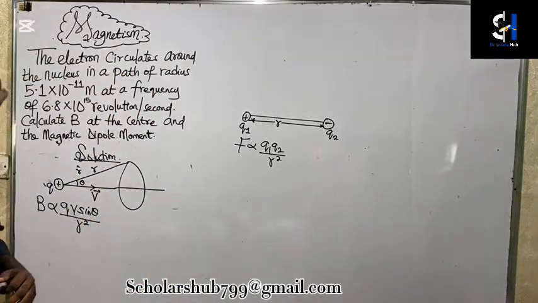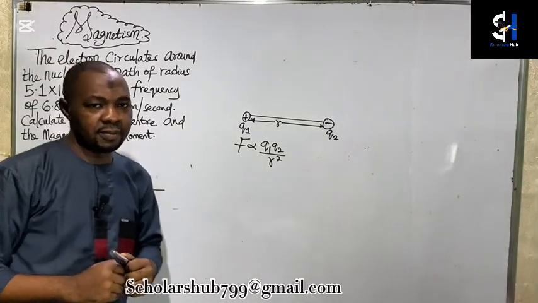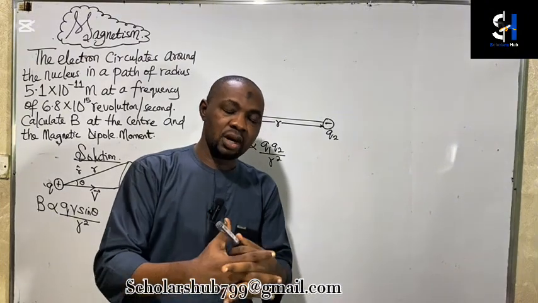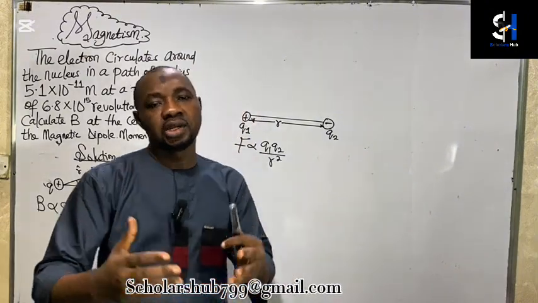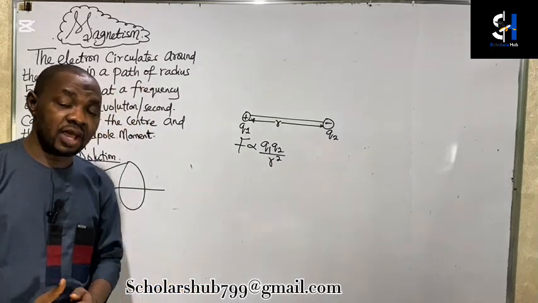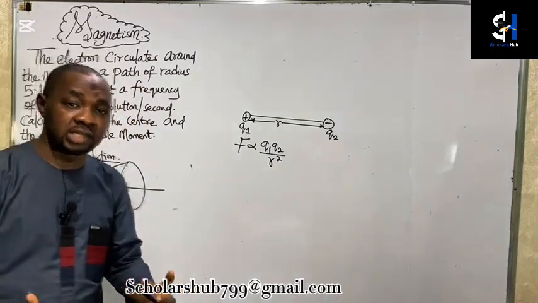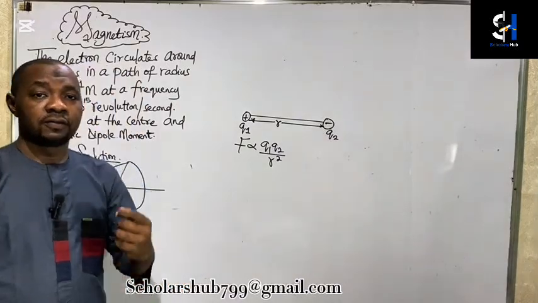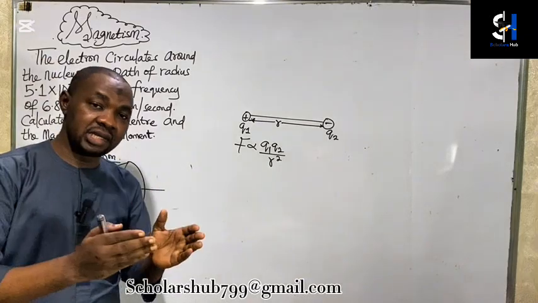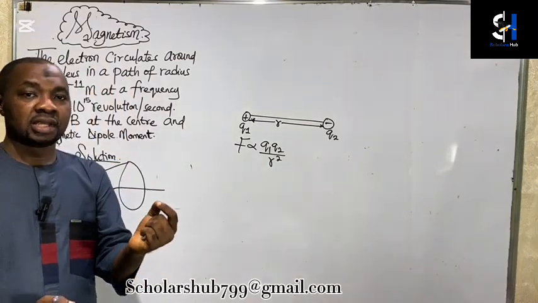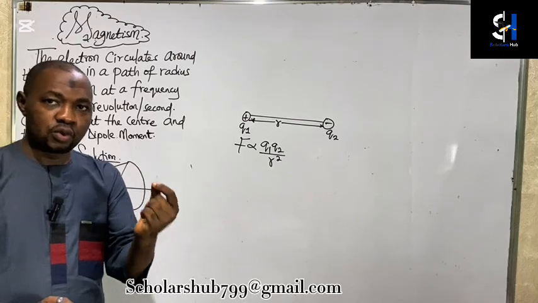In the same year, these two men came together, Biot and Savart. They formulated a mathematical equation for the magnetic field due to a single current element.